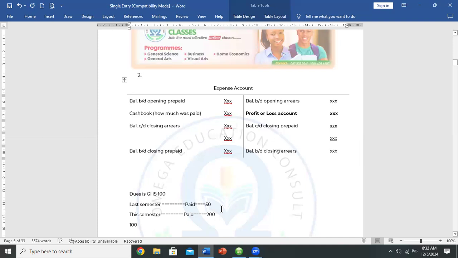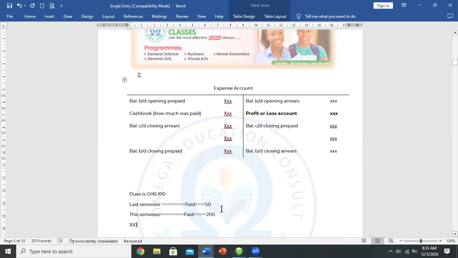Okay. So that is to tell you that when you are looking at the expense incurred for the month, you only pay attention to the exact expense you are supposed to spend on for that particular period. Let me cite another example to make it more meaningful. If your rent for a year is 2,500, it doesn't matter whether you have paid 5,000.